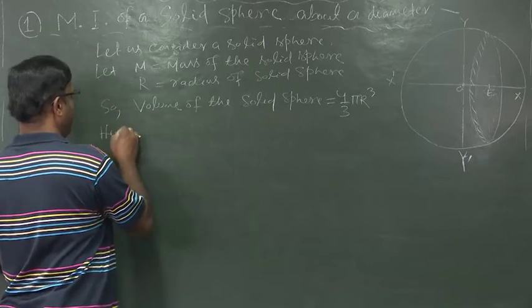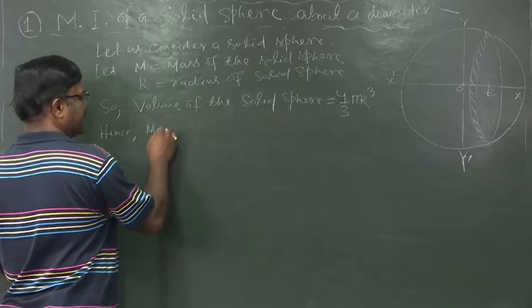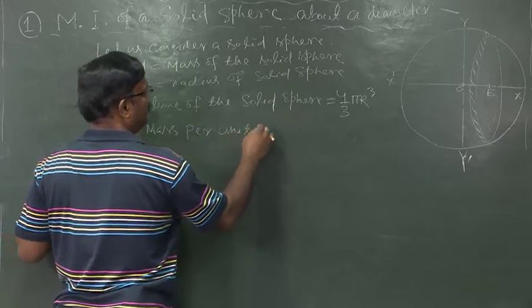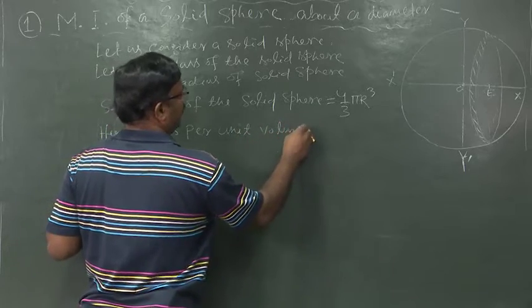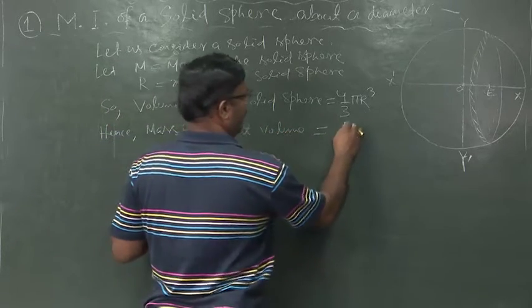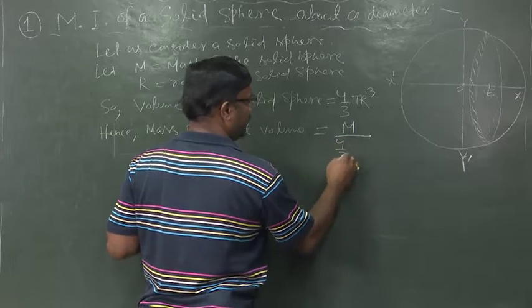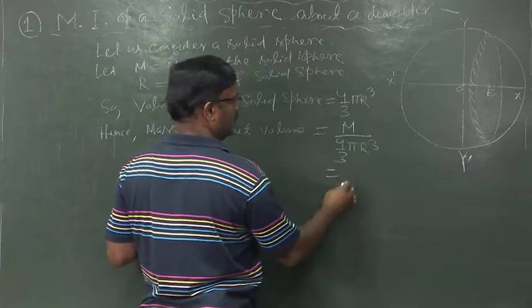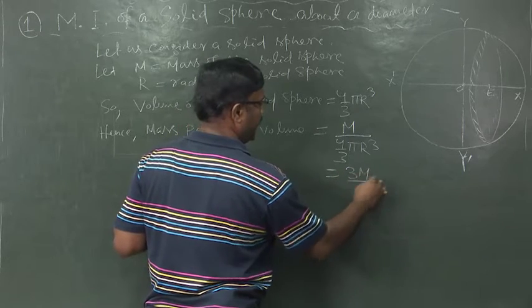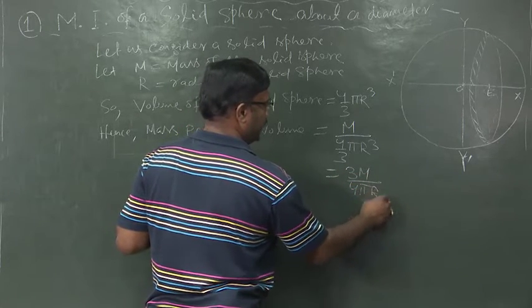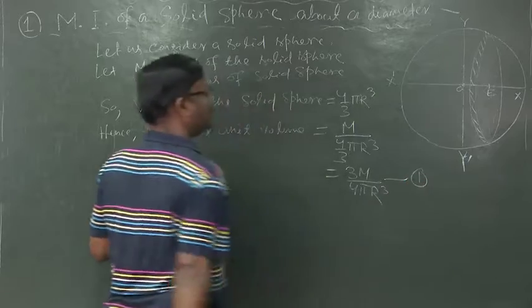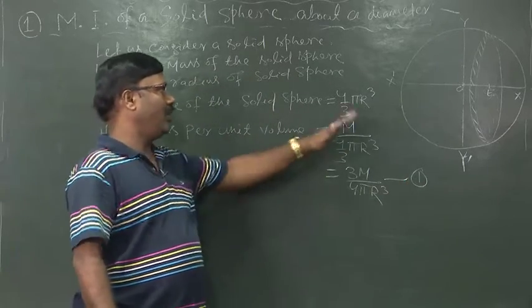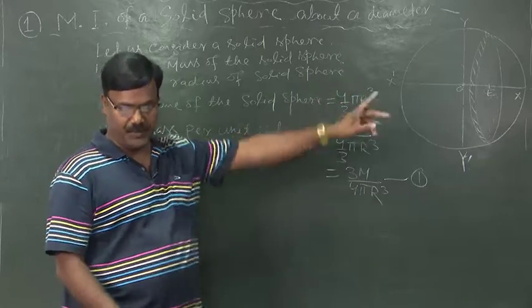Hence the mass per unit volume is equal to m by 4 by 3 pi r cube, which is equal to 3m by 4 pi r cube. This is the mass per unit volume of this solid sphere.